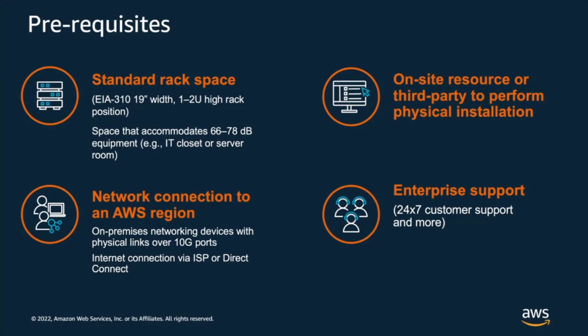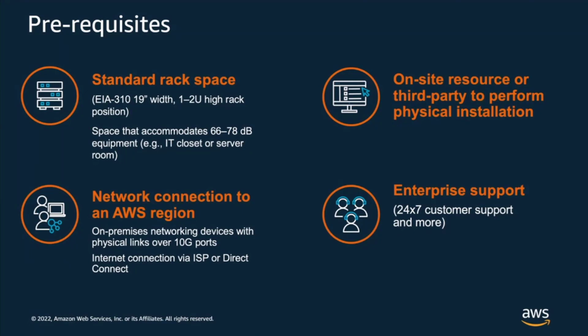You also need to establish a network connection from your site to an AWS region. That means network switches, 10 gig uplink ports, an internet connection through an internet service provider, or maybe you go the AWS Direct Connect route. You'll need to make sure that someone from your team, whether that's a site manager or a local resource on-prem, is able to receive these servers and install them.